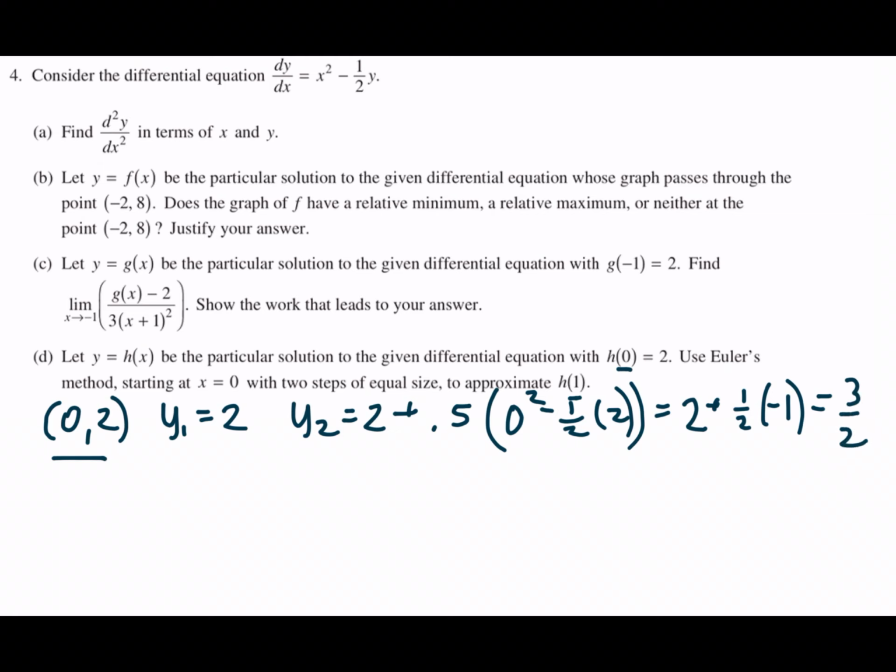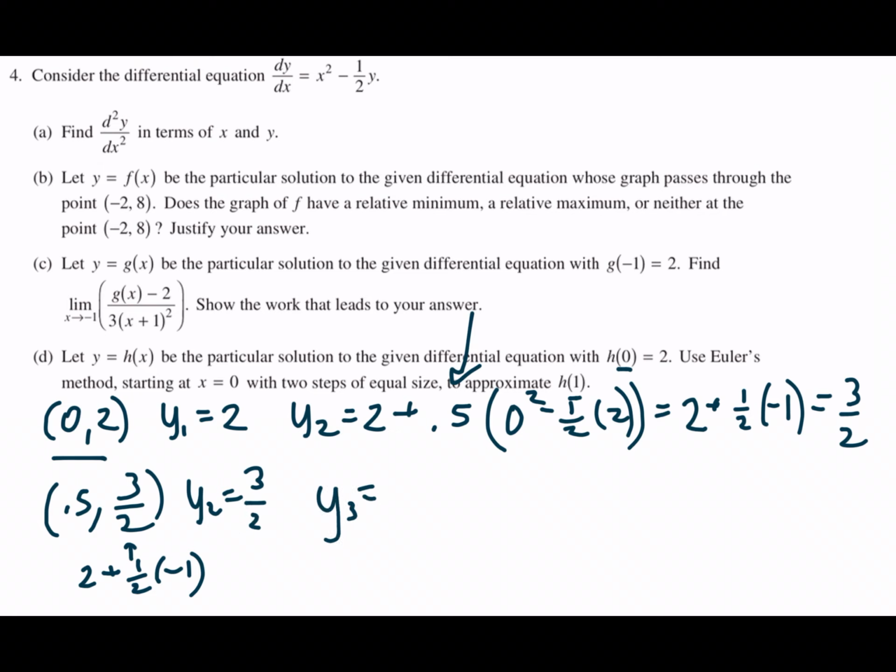Okay, and then now I have the point, my x I just increased by my step size, which is 1/2. So I went from 0 to 1/2. And my y value, some of you guys leave as, I'm just going to put in a 3/2 here, but it's okay to have here the 2 plus 1/2 times negative 1. Okay, so now my new y, we just said, was 3/2. So the next y, which is the one that I want, is going to be the old y plus my step size, which now I'm going from 1/2 to 1, so it's still just 1/2, times my slope at this point.